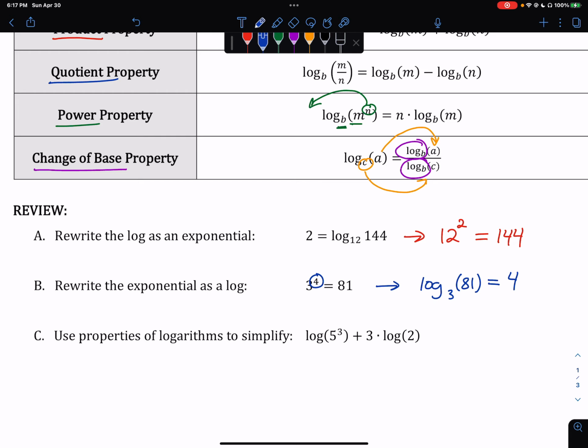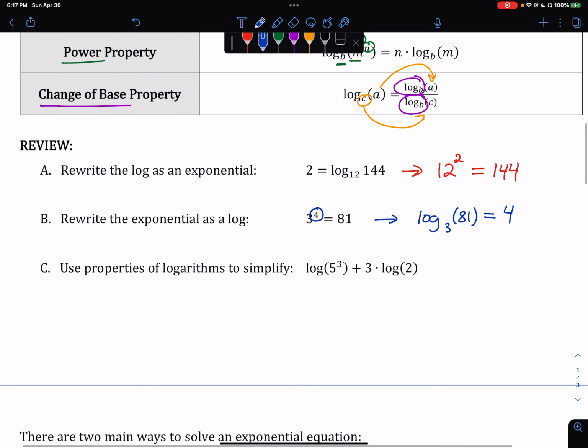And then now letter C, use properties of logarithms to simplify. So we have log of 5 to the power of 3 plus 3 times the log of 2. Something we want to notice here is they both have just plain log, which is log base 10. Now I see here that we have log base 10 of 5 to the 3rd power. So since my bases don't match, I'm going to take that 3 and move it in front.